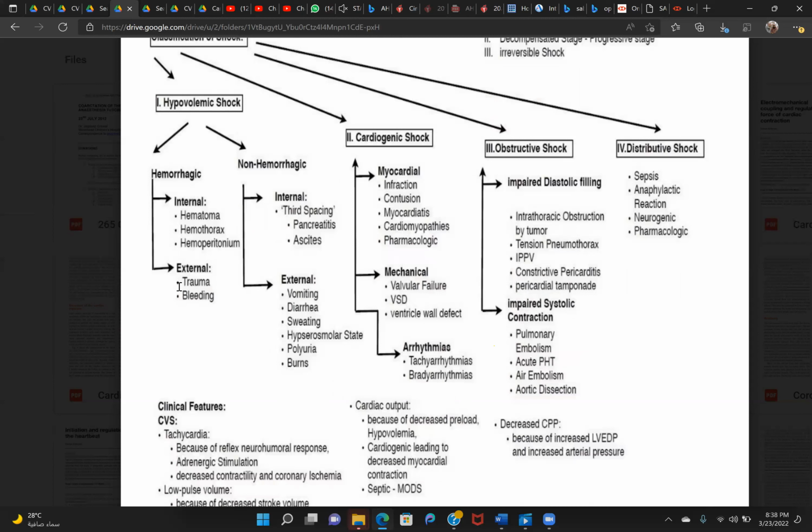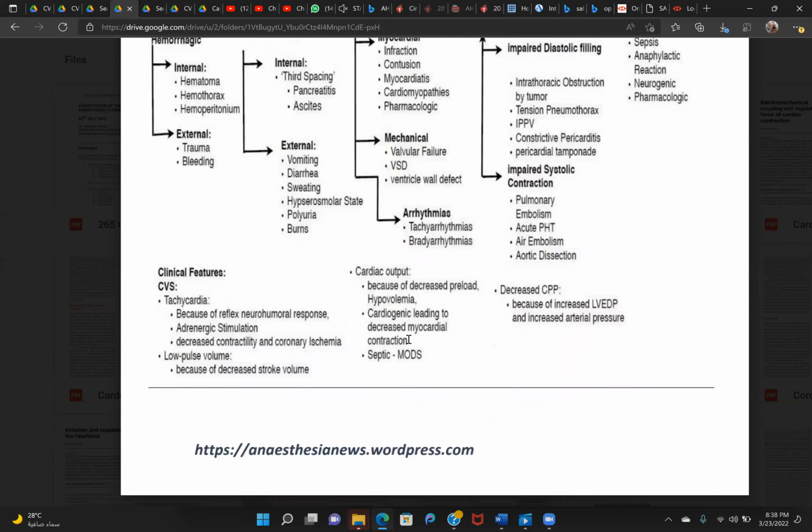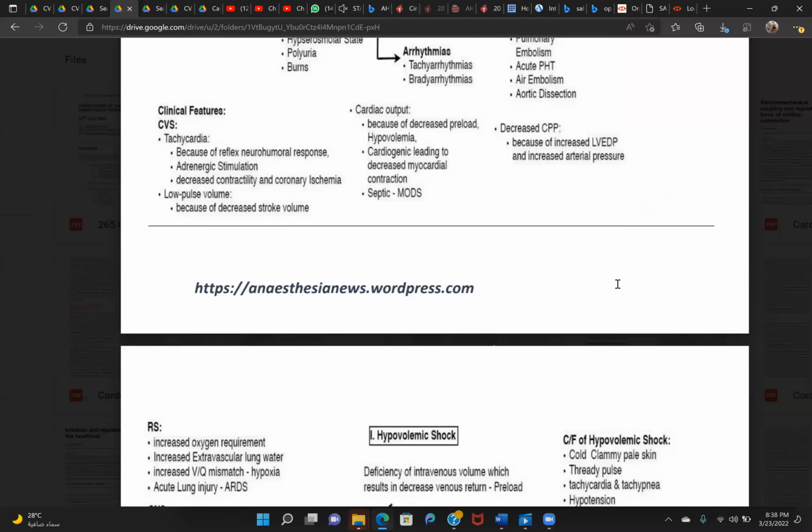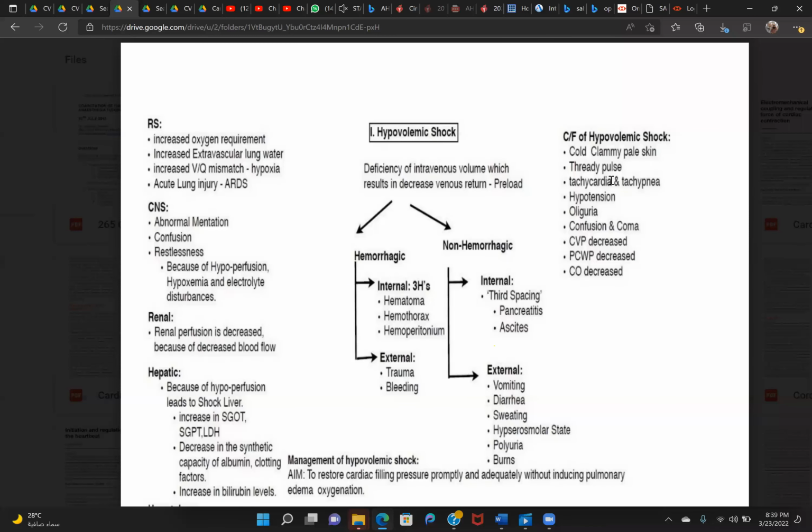We discussed tachycardia, adrenaline stimulation, low pulse volume, and decreased cardiac output. The clinical features we discussed are thready pulse, tachycardia, tachypnea, hypotension, oliguria, and confusion.